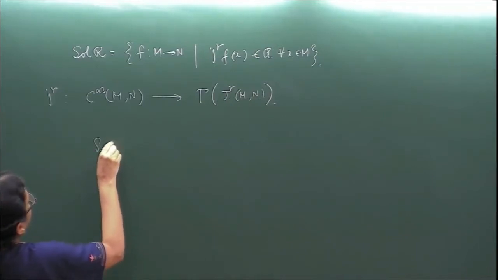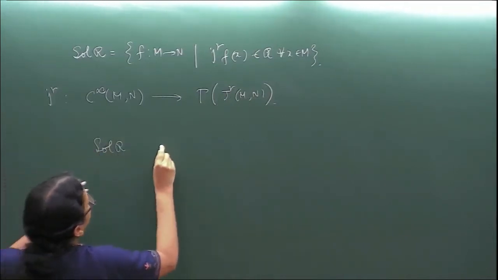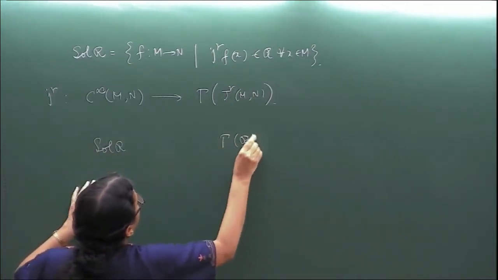So the solution space is nothing but the inverse image of this gamma R.